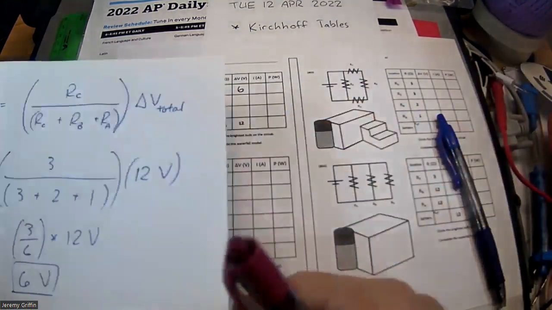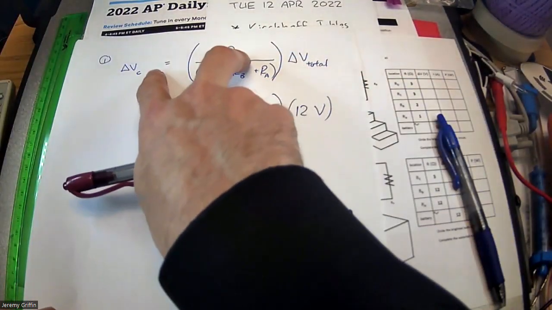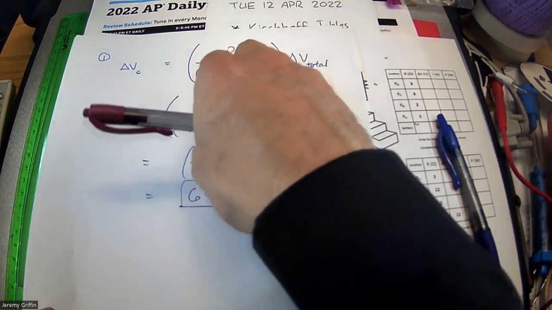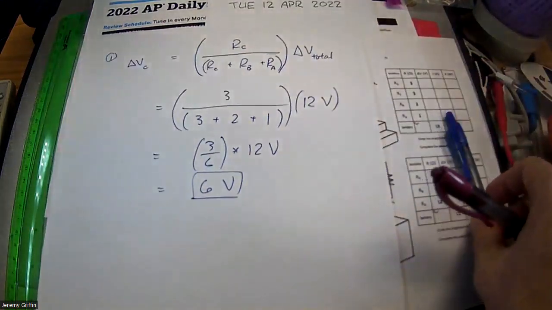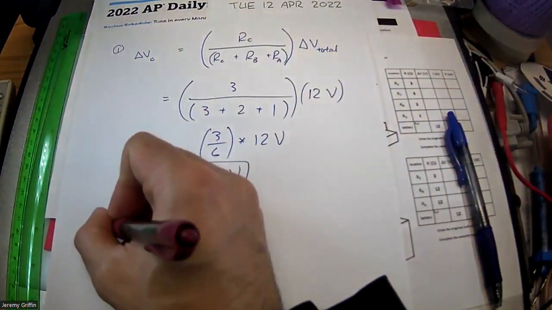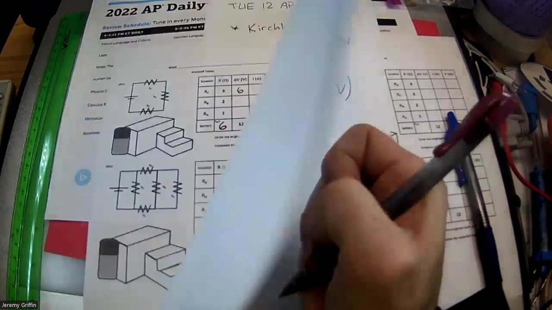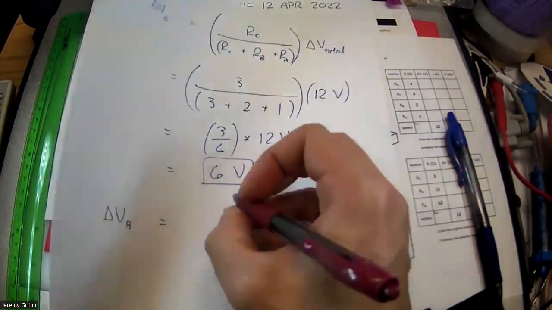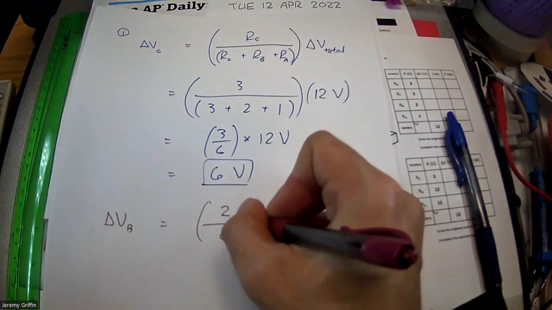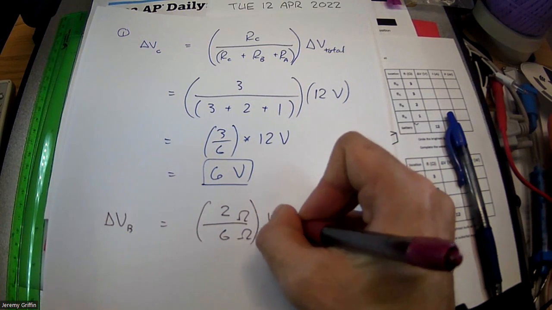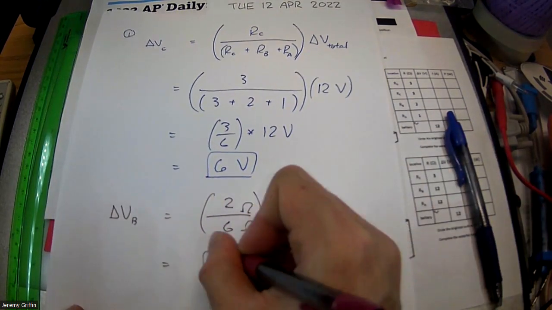How about across resistor B or resistor A? Well, all you have to do is swap out the subscript. Instead of resistor C up here, it'll be resistor B, the same denominator. Instead of resistor C, it'll be resistor A. You guys can do that. So the voltage drop across B will be resistor B, which for me is 2 ohms out of 6 ohms. So ohms over ohms cancel out, times 12 volts. 2 over 6 is a third. A third of 12 is 4 volts.